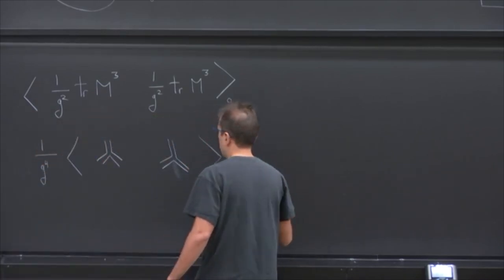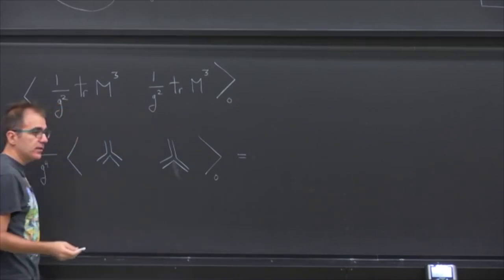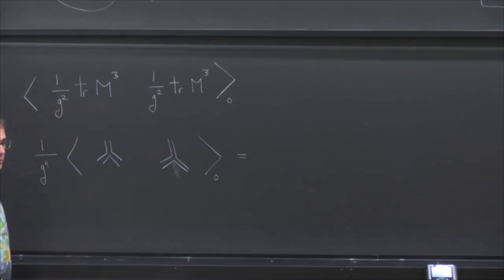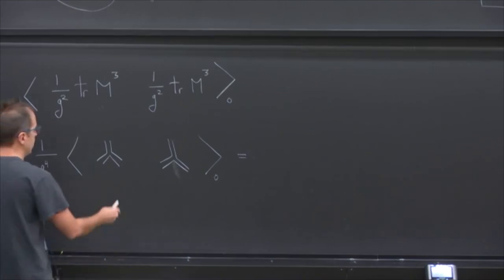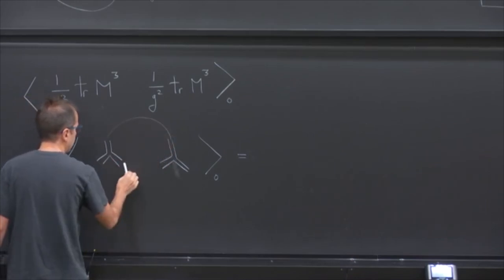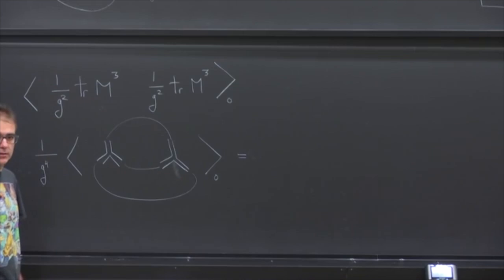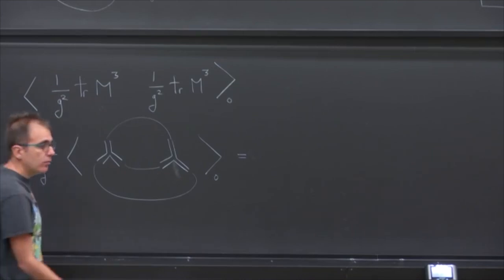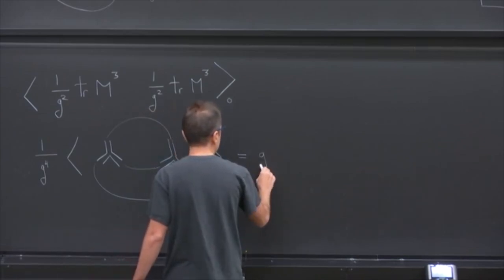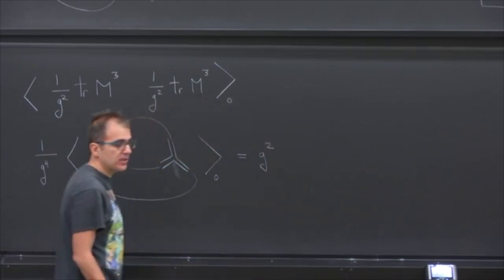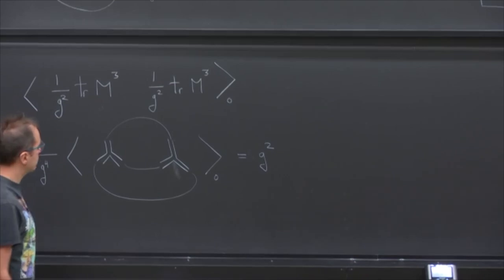First of all, how many propagators will there be in total? 3 propagators. I need to connect like this, and like this. And therefore, this 1 over g to the 4, with each propagator giving a g squared, will become, like before, a g squared upstairs. Each propagator has g squared.